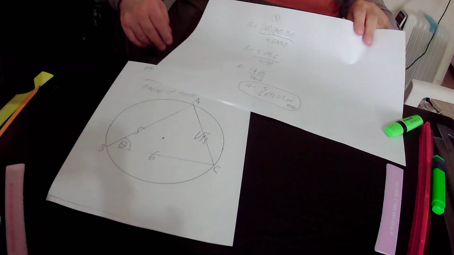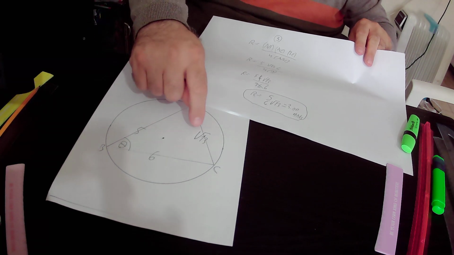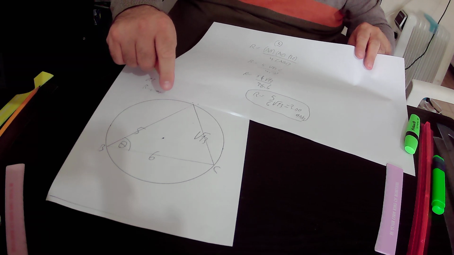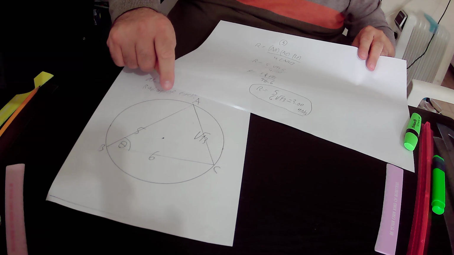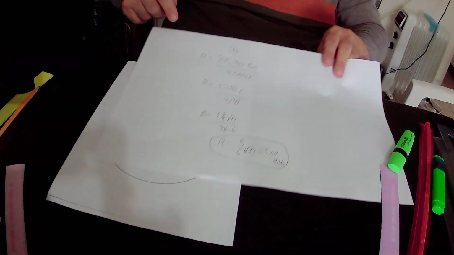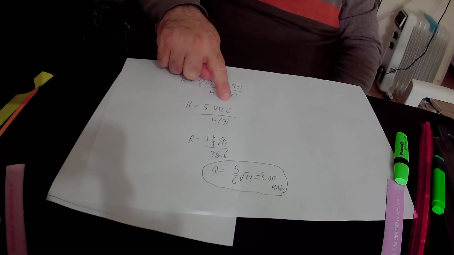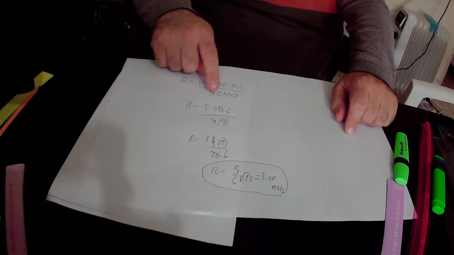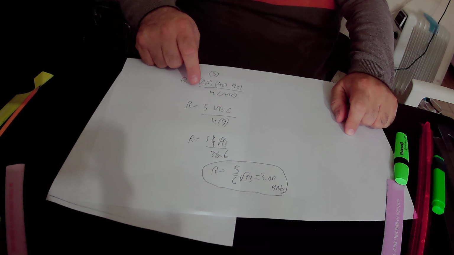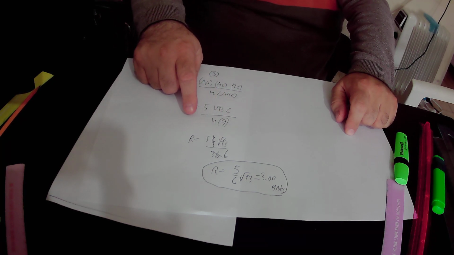Here AB equals 5, AC equals the square root of 13 units, and BC equals 6. So it is 5 times the square root of 13 times 6 over 4 times the area of triangle ABC, and the area is 9. So it is 4 times 9, which is 36.